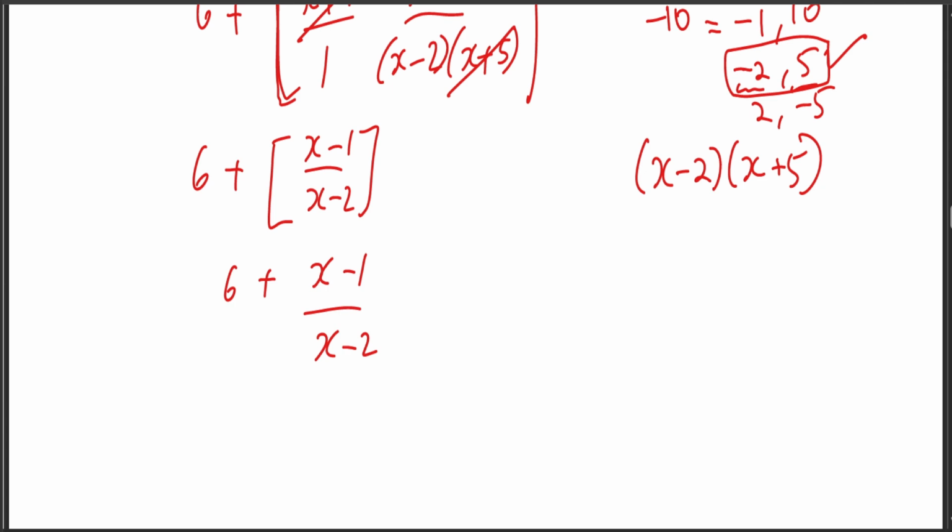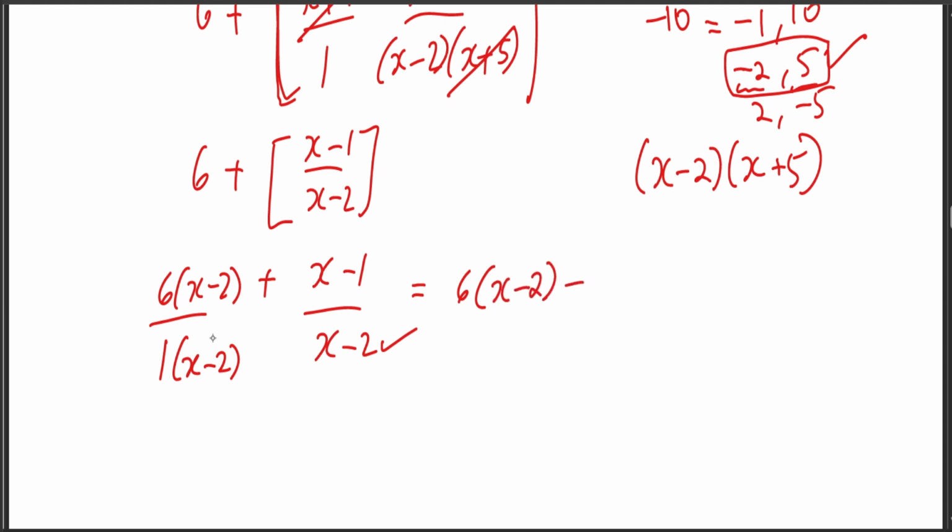Now what happens to the 6 so that it can get added to x minus 1 over x minus 2? Very simple. Because you want the same denominator, this is 6 over 1, so you multiply by x minus 2 so that it has the same denominator. So it's going to be 6 times x minus 2, plus x minus 1 over x minus 2.